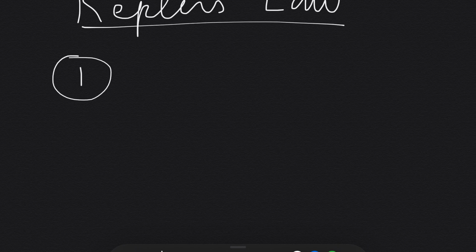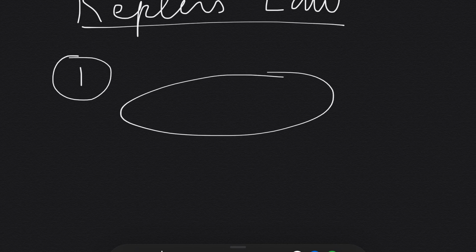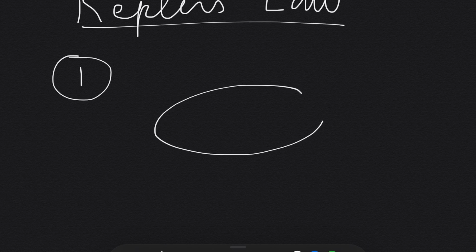The first law says that the orbits of all planets are ellipses, where the sun is at one of the foci. If you don't know what an ellipse is, it's just an elongated circle. And the foci, there are two foci to an ellipse. The sun is at one of them. And this is the planet's orbit.